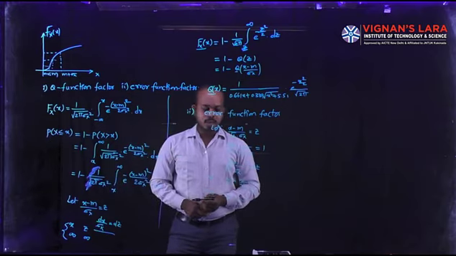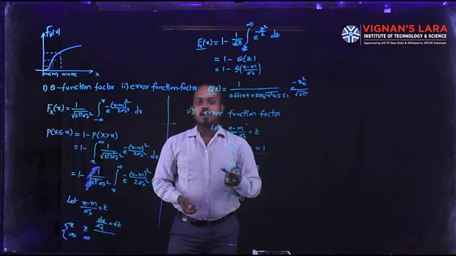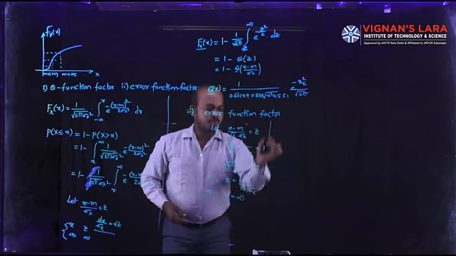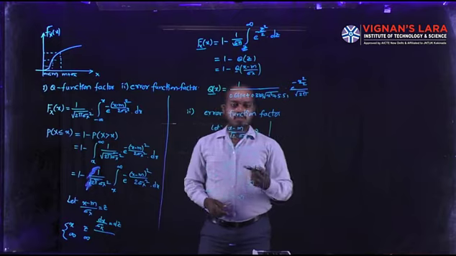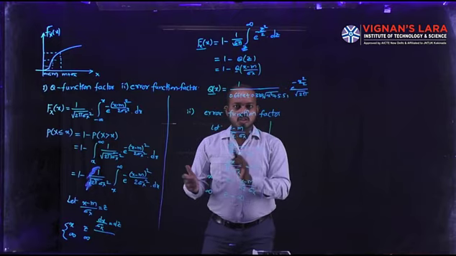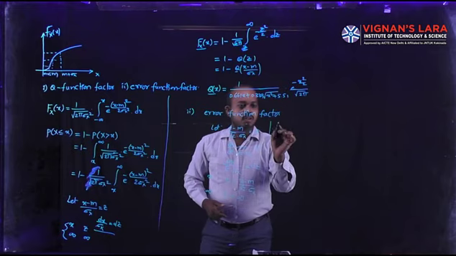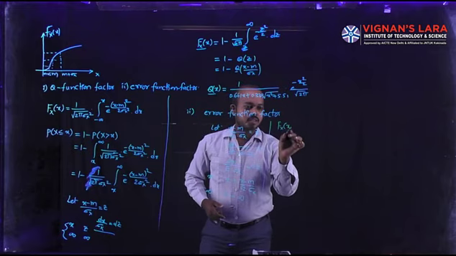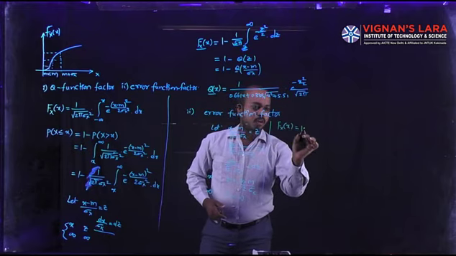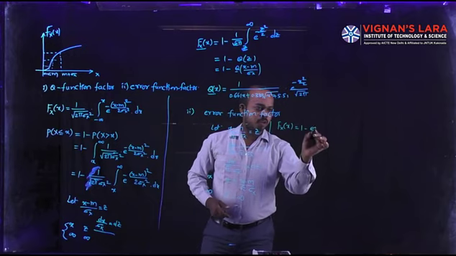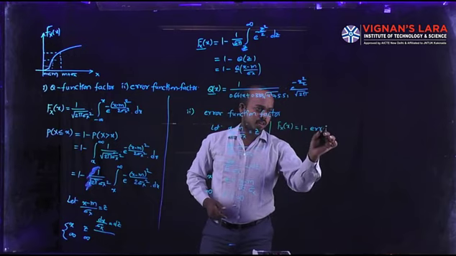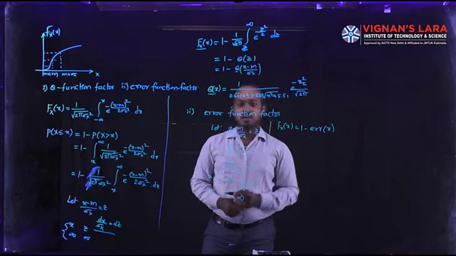Now I am substituting these z values in terms of x. We are changing the x values in terms of z. That's why I am rewriting the function fx of x is equal to 1 minus, here the error function we are representing as err of x.